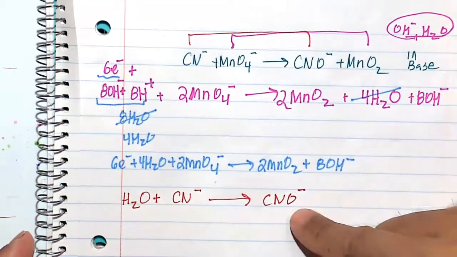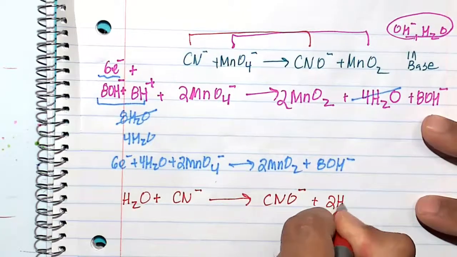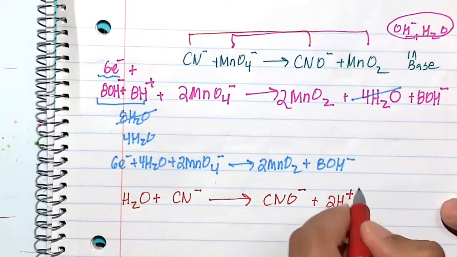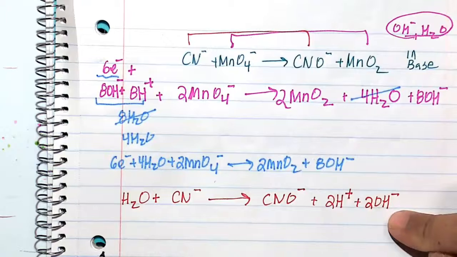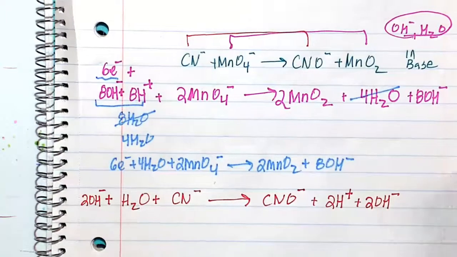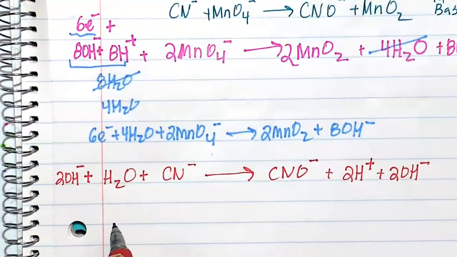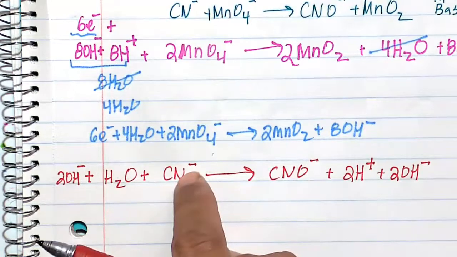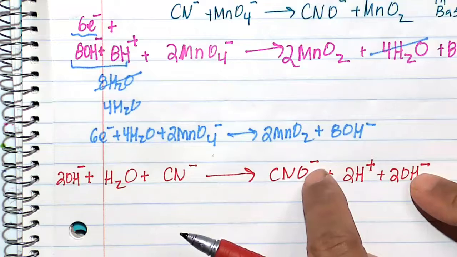So one oxygen, I'm going to balance the hydrogens with 2 H pluses. Realizing that it's in base and I can't have H pluses, I'm going to neutralize that with OH minus. Whatever I do to this side of the equation, I have to do to the other side. And now it's just a matter of balancing the charge.